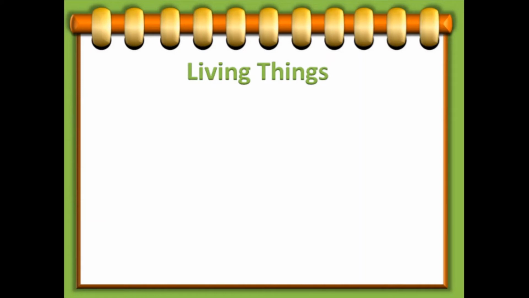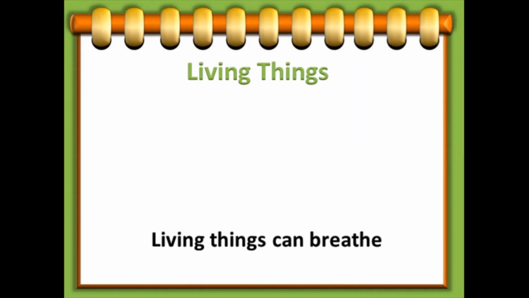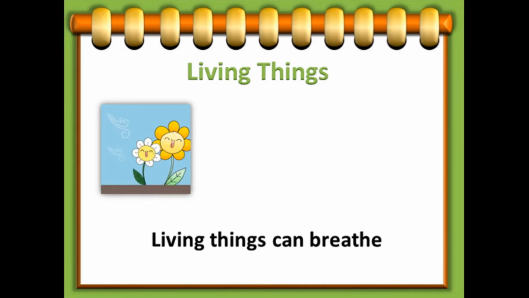Another characteristic of a living thing is that living things can breathe, which means living things get air from the outside environment, just like this flower. A flower takes in oxygen.